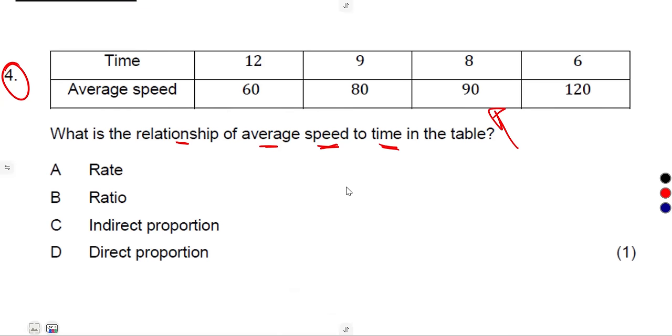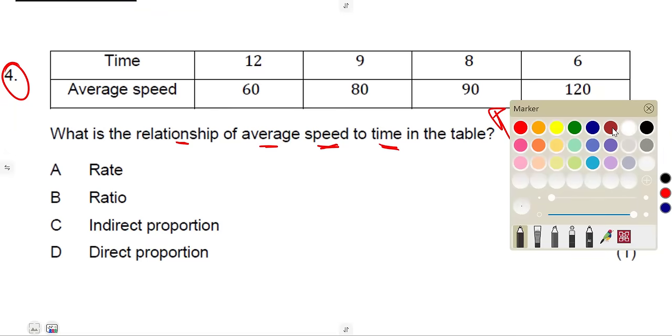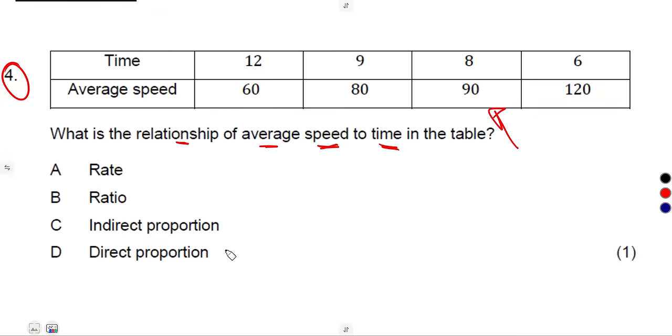When you consider a rate or ratios, they won't give it to us in the form of a table. So the best approach is to consider direct proportion and indirect proportion when given a table like this.